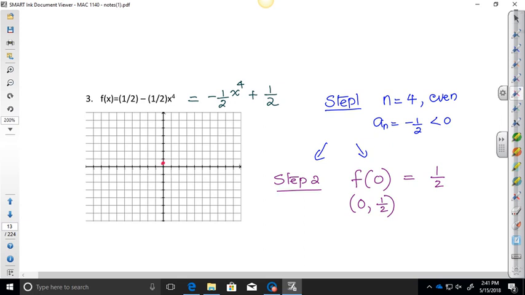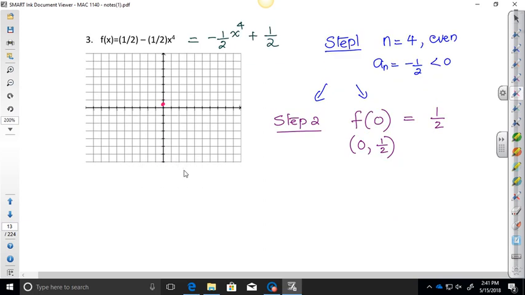That is the y-intercept, (0, 1/2). Now I need the zeros. That's the part I have to factor. Step 3 is the one I have to factor. So my function is f of x equals negative 1/2 x to the 4 plus 1/2.